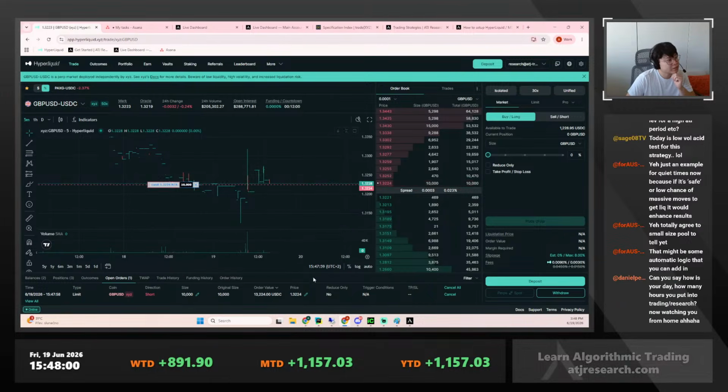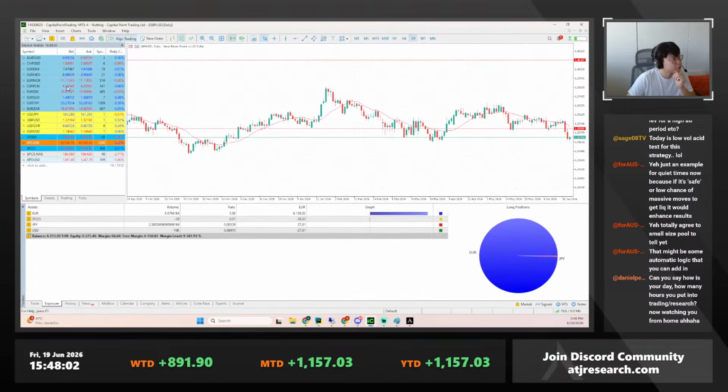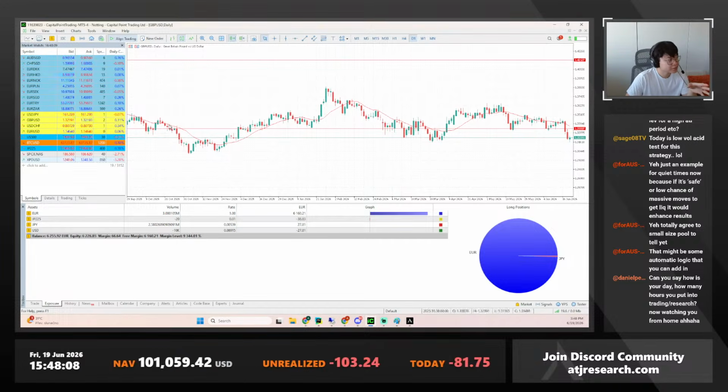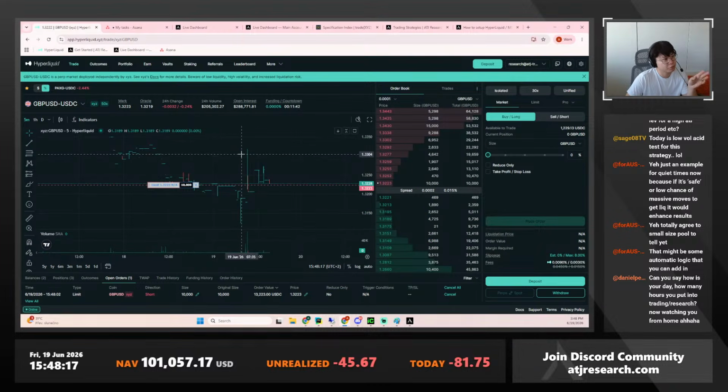But I know that MT5 retail traders, if you trade on MT5, EURUSD, GBPUSD, USDJPY are the major pairs that everyone trades in the CFD retail world. So I know that GBPUSD has very good potential to become a very popular symbol. What's missing here is the liquidity, right? The tight spread that people don't have.